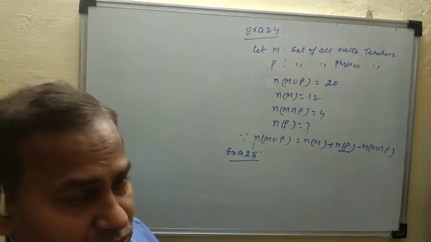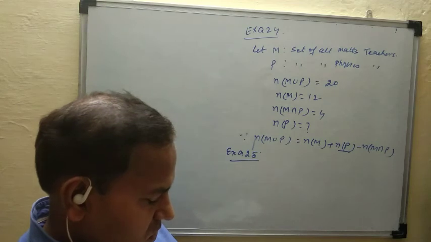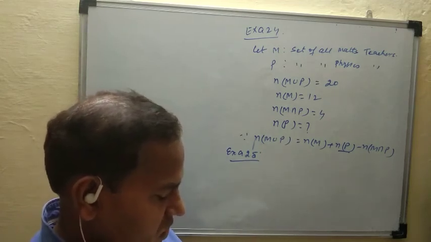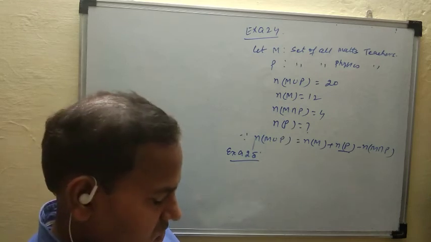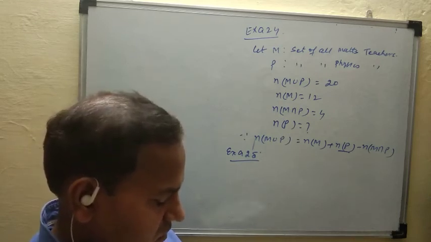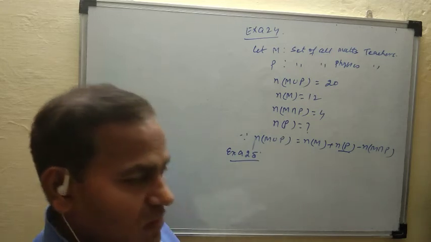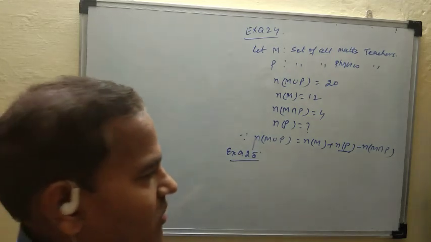Example number 25 is: in a class of 35 students, 20 like to play cricket and 16 like to play football. Cricket and football.